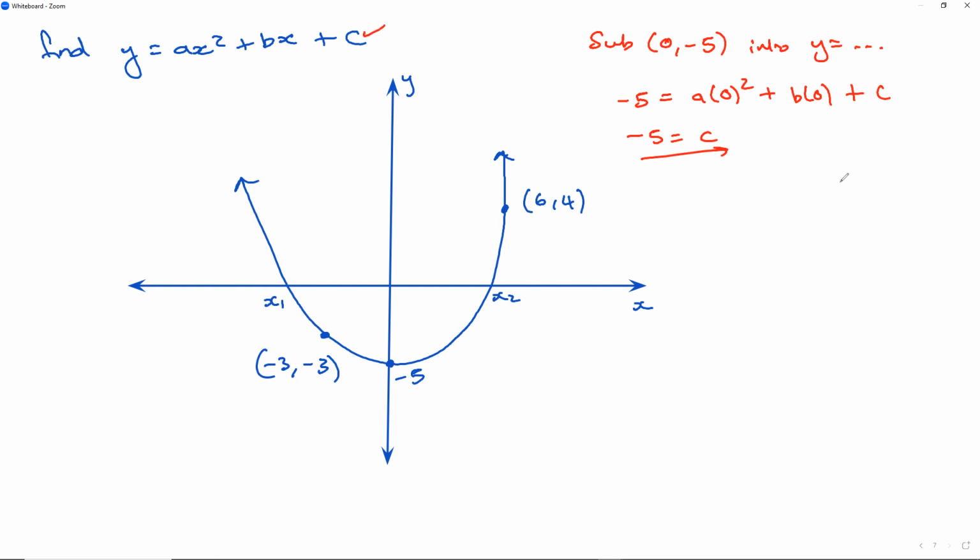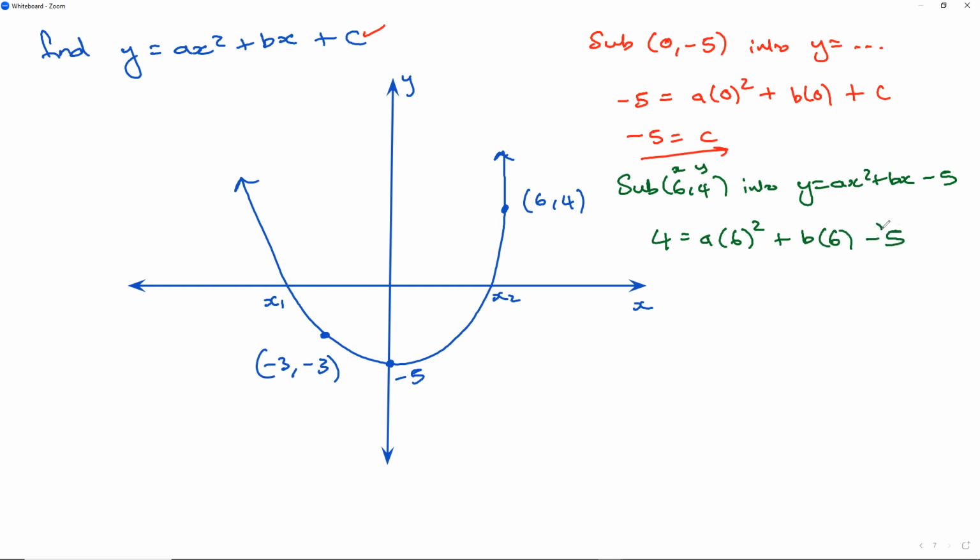Once I've got that, the next thing I need to do is substitute one of the other points, let's say 6 and 4, into y equals ax squared plus bx minus 5, because I know what c is now. And remember, x is 6, y is 4. So this is going to be 4 equals a times 6 squared plus b times 6 minus 5.